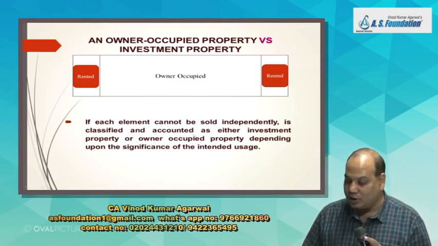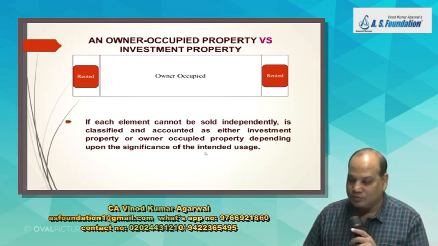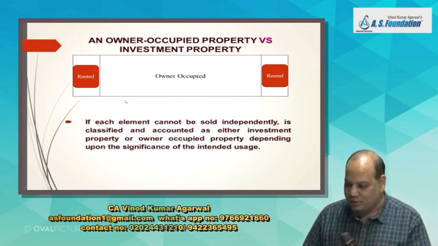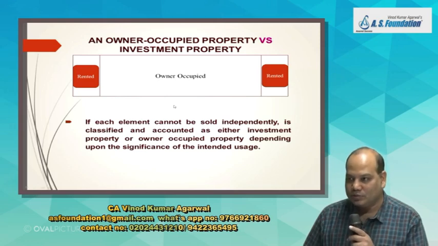But if they can't be sold independently, it is classified and accounted as either investment property or owner occupied property depending upon the significance of the intended use. So suppose this area is, let's say, 90% and this is 10%, then it can be treated as OOP. Okay.